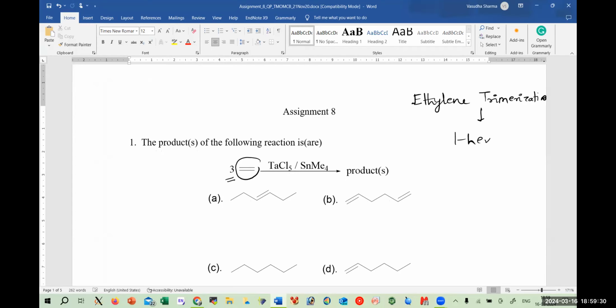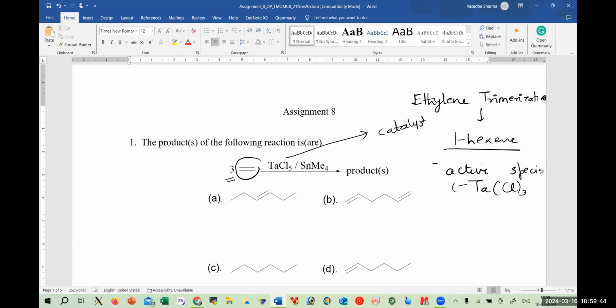It's 1-hexene, using this catalyst where your active species is tantalum trichloride in plus 3. So out of the 4, we have this 1, 2, 3, 4, 5, and 6. So this is your 1-hexene and this is your product. You can try the mechanism by yourself, how it works, and then you will get to know the answer.